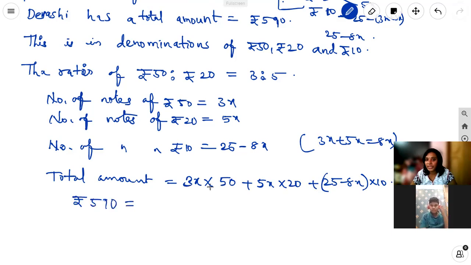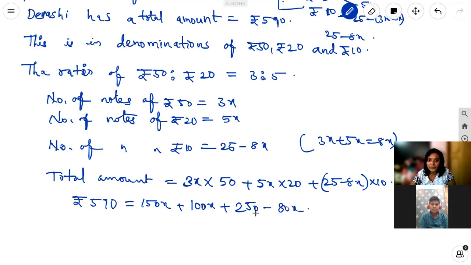It is equal to 3 fives are 150x plus 5 twos are 100, 5 twenties are 100x. 3 fifties are 150x, plus 25 into 10 is 250, minus 8 tens are 80x.